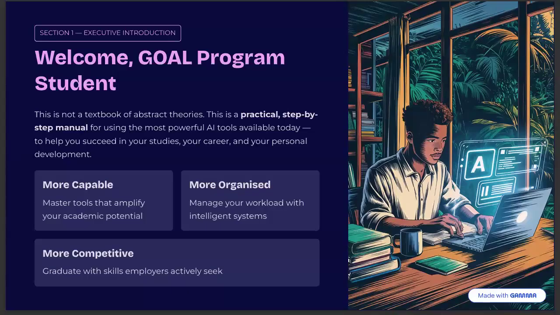AI makes you more organized, because through it you can manage your workload with intelligent systems. As you can see, NotebookLM, Canva, Google Calendar, and it makes you more competitive.